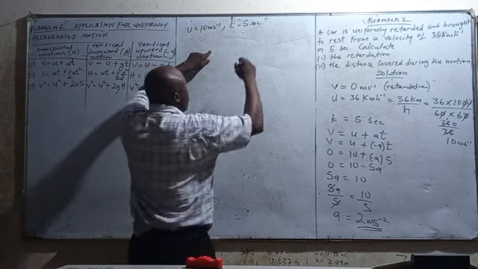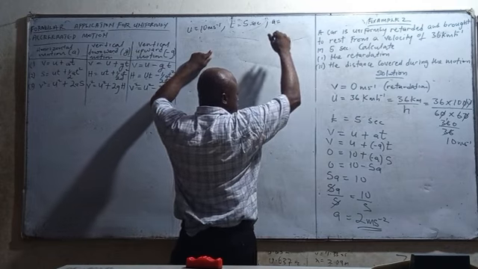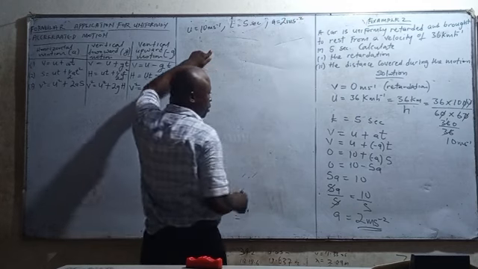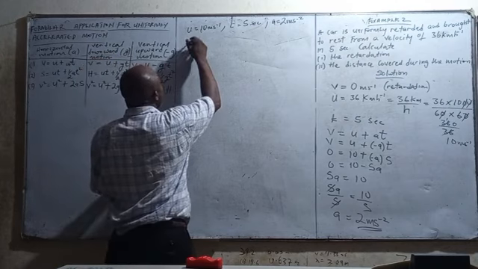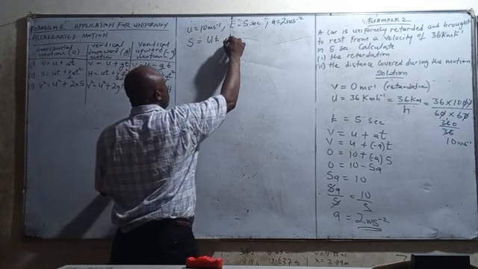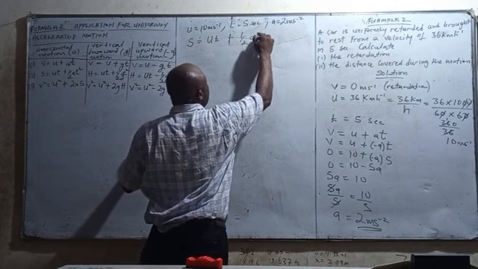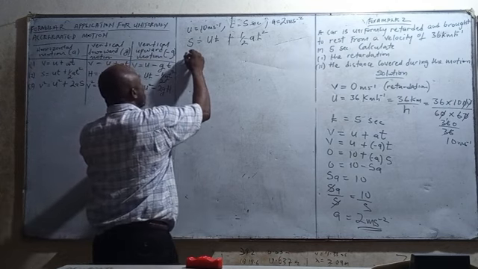Then our a that we have solved for is 2 meter per second squared. With this, we can then use the second equation of motion, which says that s is equal to ut plus half at squared. So we substitute here because we are interested in the distance s.